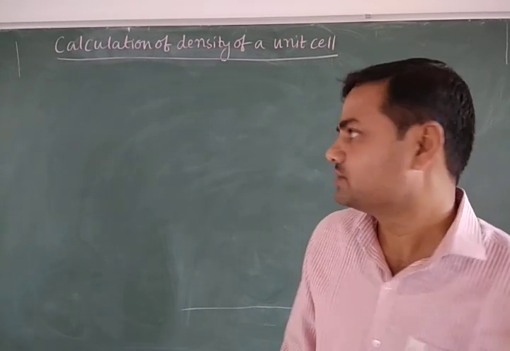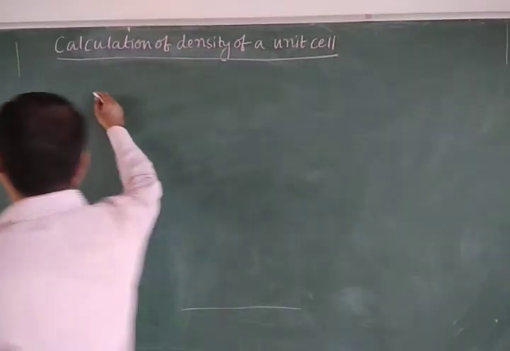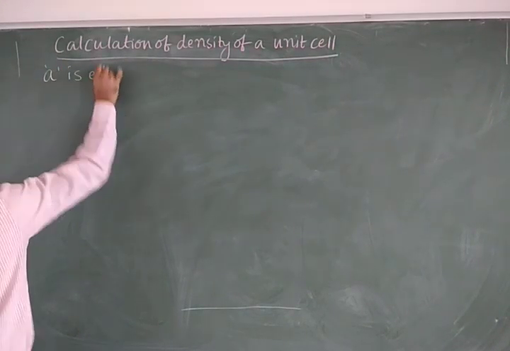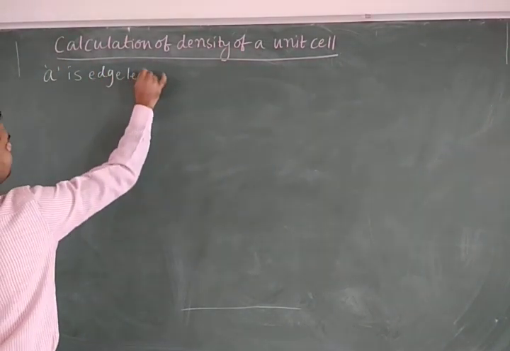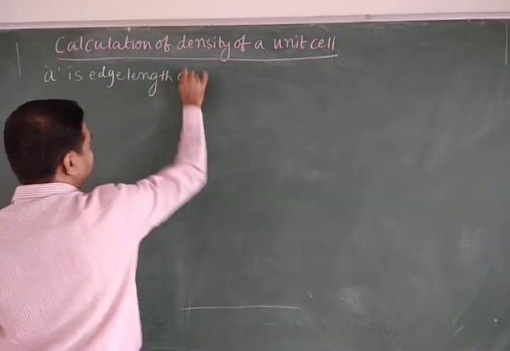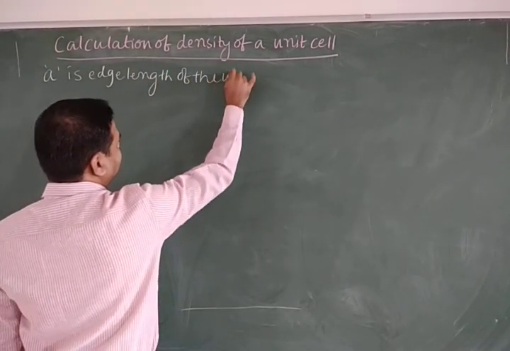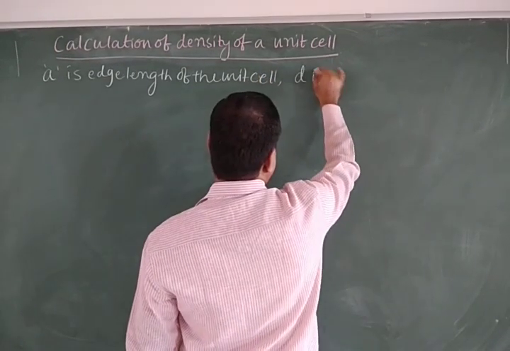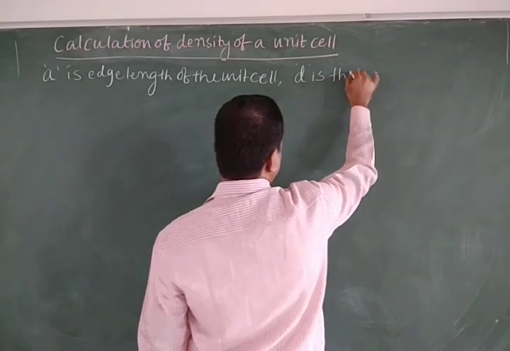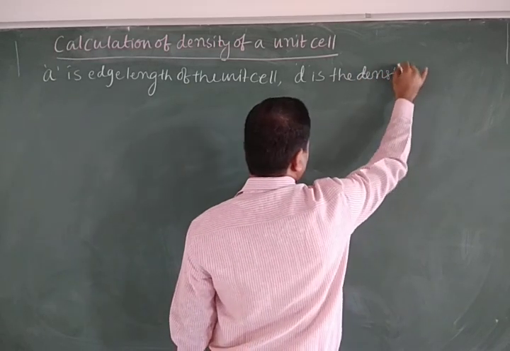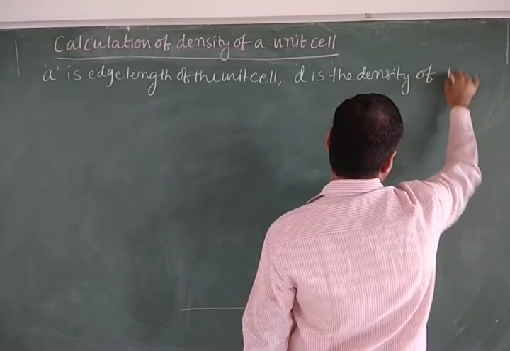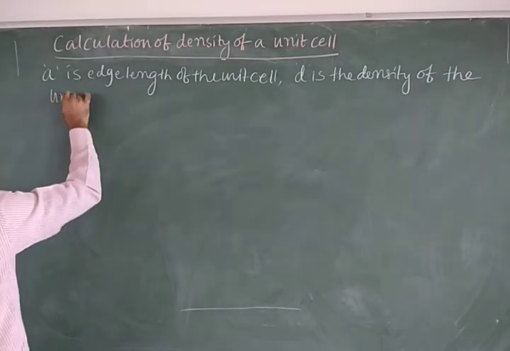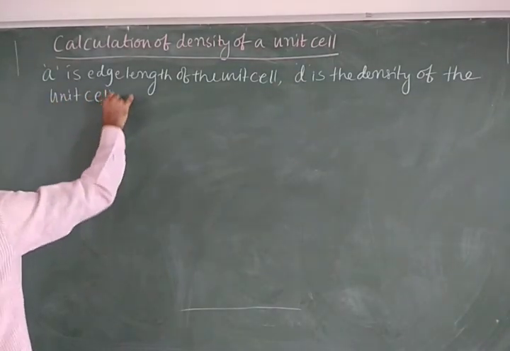Let us discuss. So here I am taking A as the edge length of the unit cell. Next, D is the density of the unit cell.